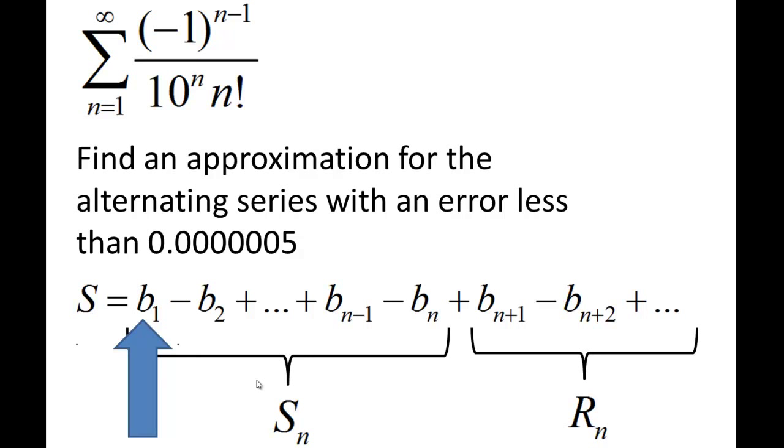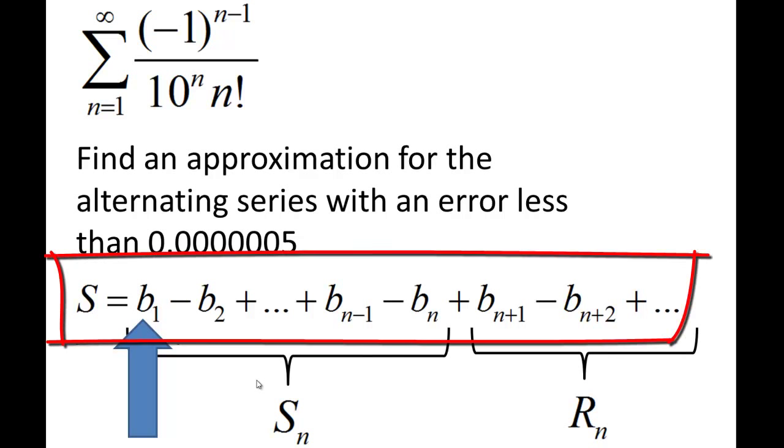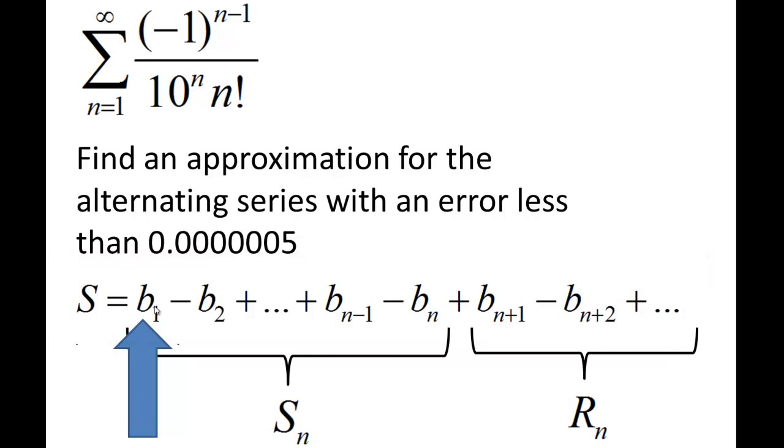Now, one of the biggest things to notice with alternating series is that the sum, this sum right here, can be no bigger than B1. Because what's going to happen is after you find B1, you're just going to keep adding and subtracting off smaller numbers. So the overall sum can never be bigger than B1.